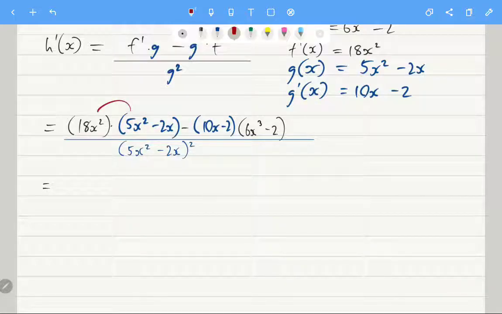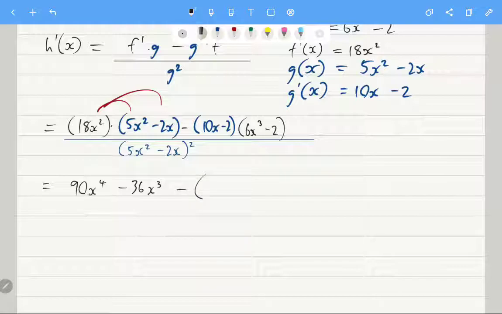So let's start with the top bracket. 18x squared times 5x squared is going to be 90x to the 4. 18 times negative 2, negative 36. x squared times x is x to the 3 minus. Now these brackets are a bit more intense.